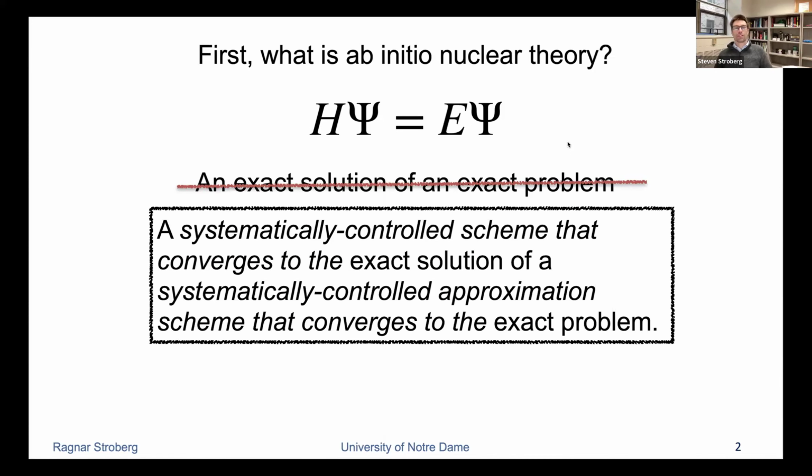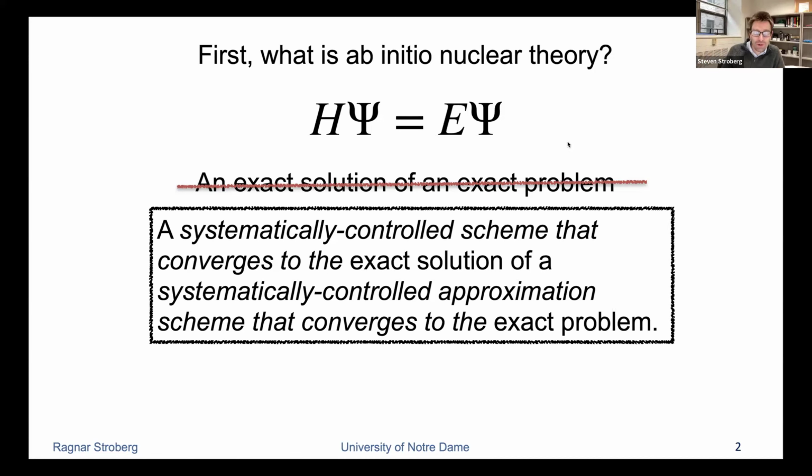So, a more realistic way of describing this, maybe not as concise, is that we want to have a systematically controlled approximation scheme that converges to the exact solution of a systematically controlled approximation scheme that converges to the exact problem. So we're approximating the solution. We're also approximating the Hamiltonian that we're starting with in the first place.